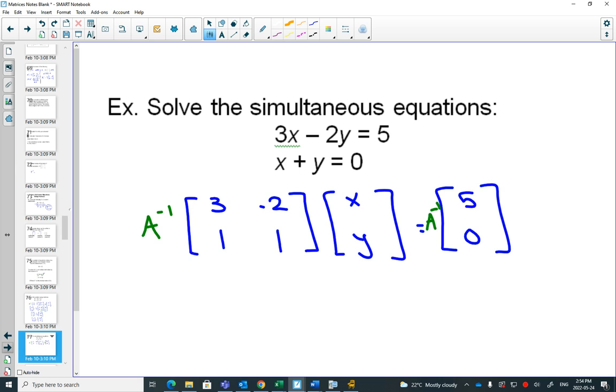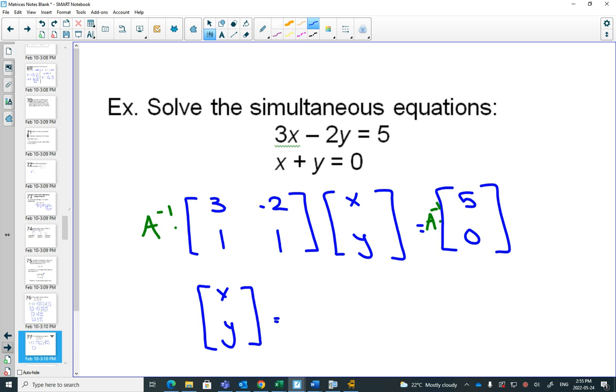I mean, technically, we haven't defined what A is, so I haven't defined what A inverse is. Some technical places, like an IB math course, might get mad at you for something like that. At this point, I'm okay with it. Just for generality, I put that there. Now we know that this side will just become xy.